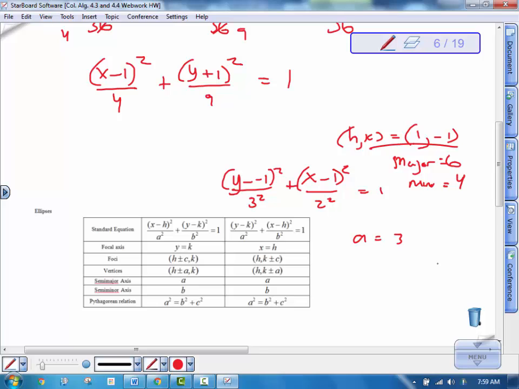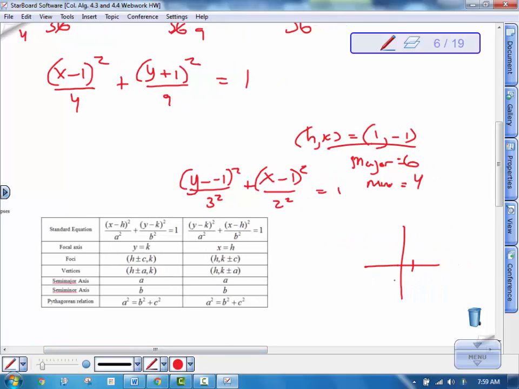So you can even graph this and get a rough sketch of what this looks like. It has center 1, negative 1 right here. For the major axis, a is 3, so you go up 1, 2, 3, and then go down 1, 2, 3, and then b is 2, so you go over 2, and over 2, and then here's your ellipse. So the major axis has length 6, the minor axis has length 4, and the center is at 1, negative 1.